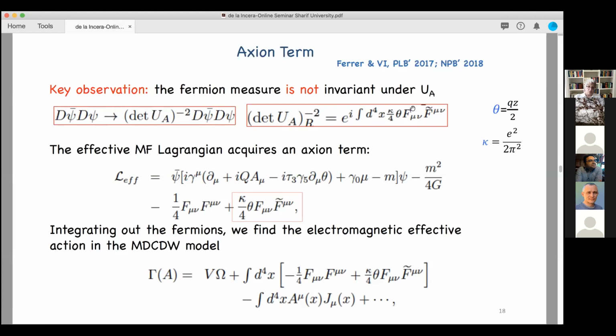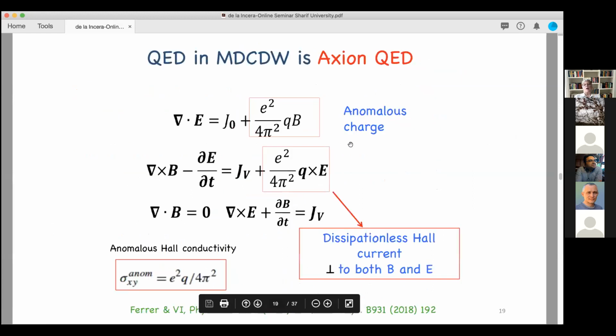So now the Lagrangian will have the terms that I said, plus this anomalous term, which is very important, because if you integrate out the fermions to find the effective action for the electromagnetic field, you get a theory that is not described by the regular Maxwell equations, but by axion electrodynamics.